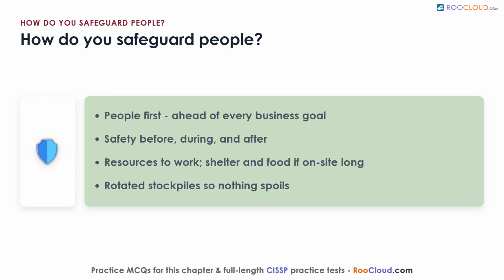A serious plan maintains stockpiles of provisions in an accessible spot, sized to feed the operational and support staff for an extended time, with a rotation schedule so nothing spoils. Think of it like provisioning a lighthouse crew. Before you worry about the lamp, you make sure the keepers have food, water, and a warm place to sleep.